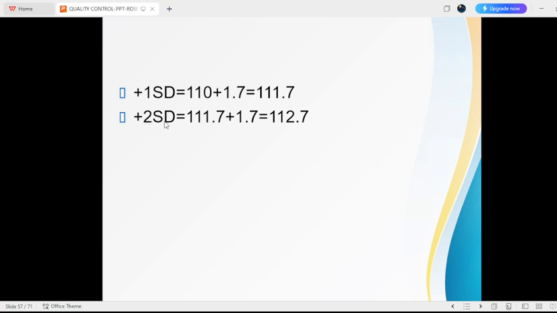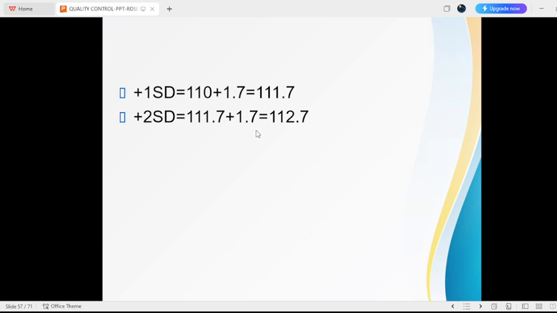Next is plus 2 SD. From the plus 1 SD, we add the SD 1.7 again, and then we get a value of 112.7. Similarly, for getting minus 2 SD, we subtract 1.7 from 111.7.